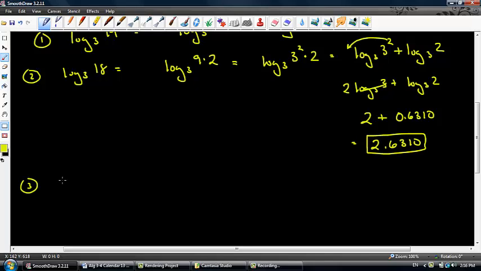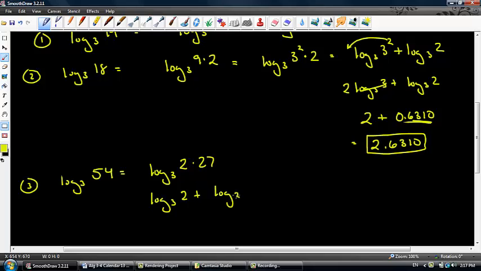Let's do something a little more tricky. Log base 3 of 54. And that's going to be something like log base 3 of, let's say, 2 times 27, because log base 3 of 2 is already given to us. It's this 0.6310 stuff. And so I'm going to go log base 3 of 2 plus log base 3 of 27.